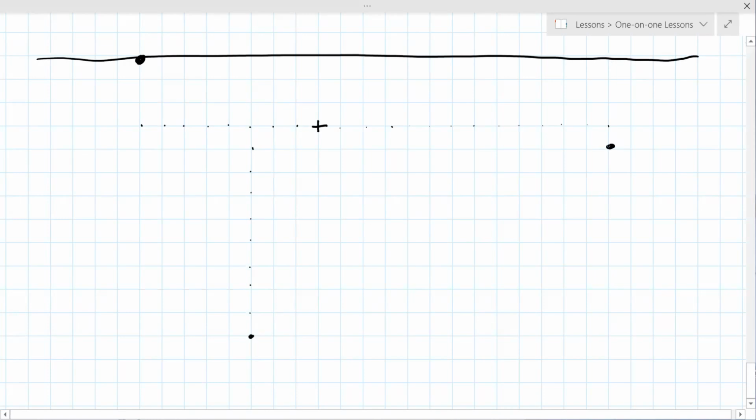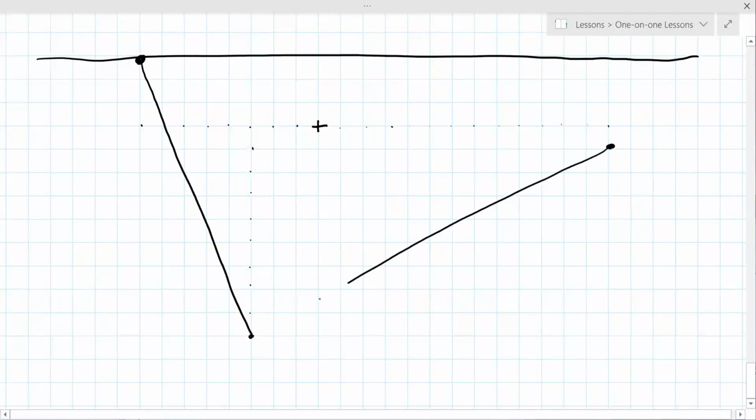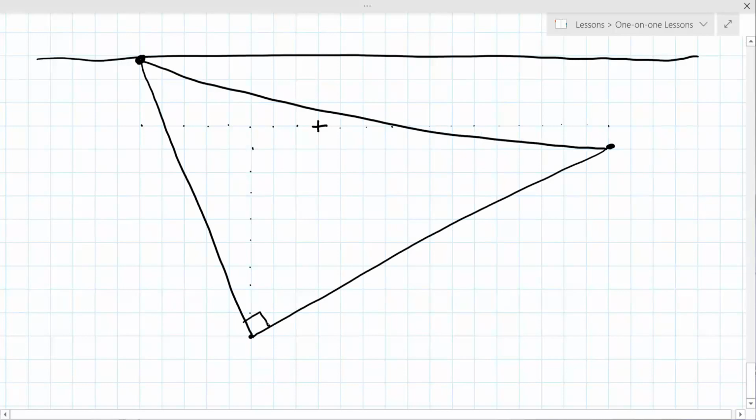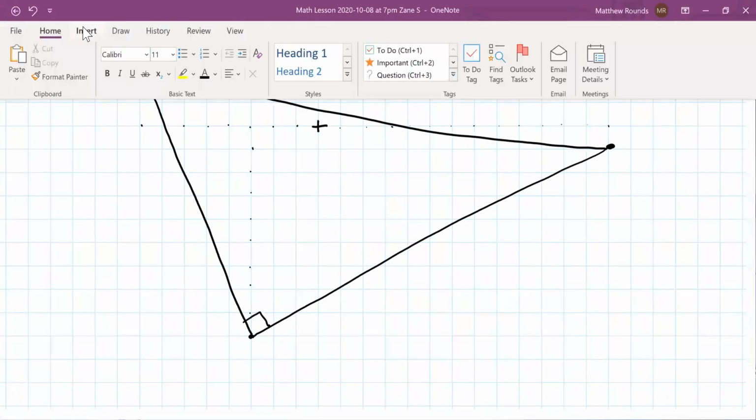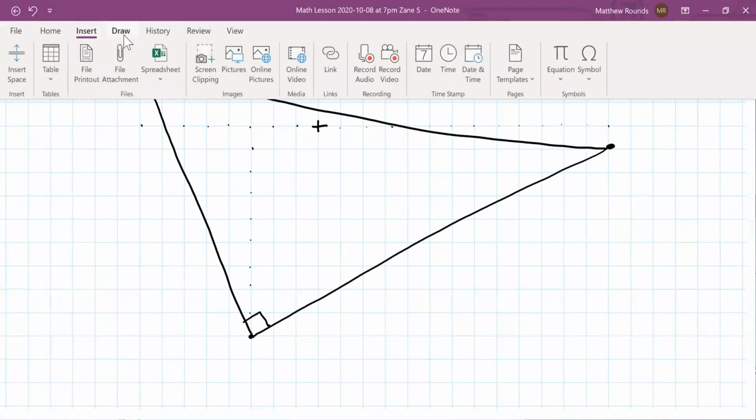Now if we connect these 3 nicely, this is a right angle. There's another way to determine that this is a right triangle. It's more complicated, but we can draw three other triangles here. Let me switch colors with my pen.